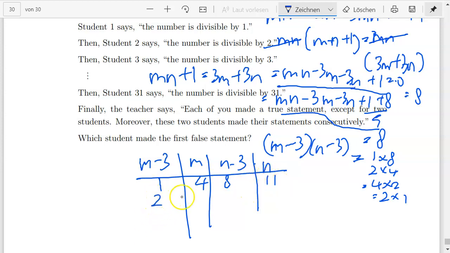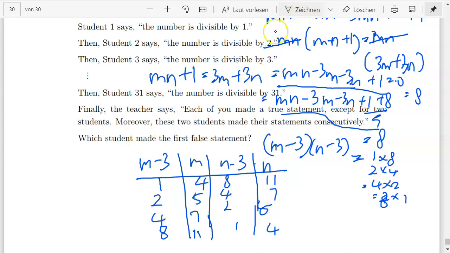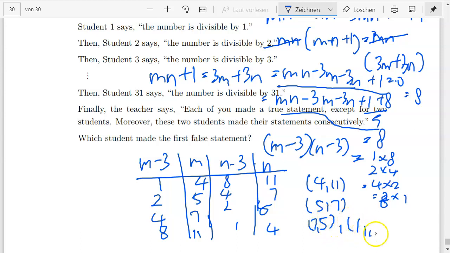The second case will be 2, 4, and this will give 5 and 7, and then 4, 2, 7, 5, and then 8 and 1, sorry. So this one will give us 11 and 4. So the possible values are 4, 11, 5, 7, and then 7, 5, and then 11, 4.